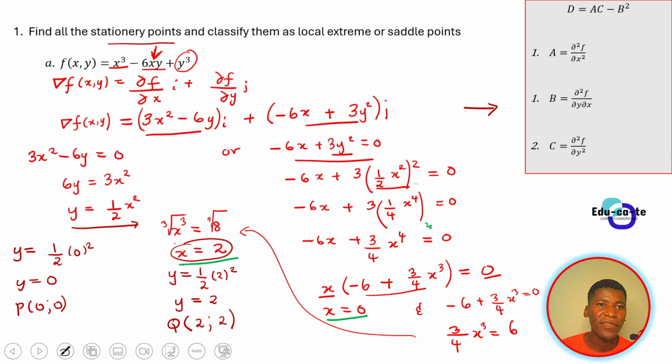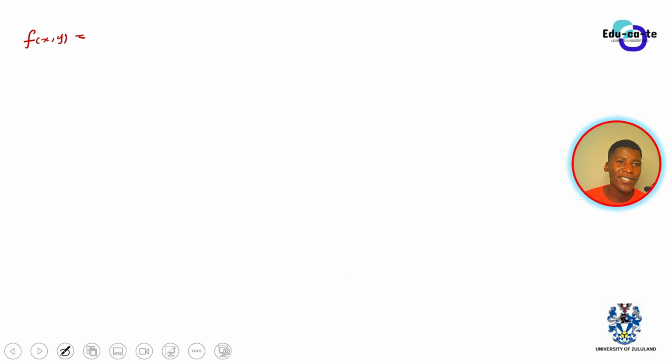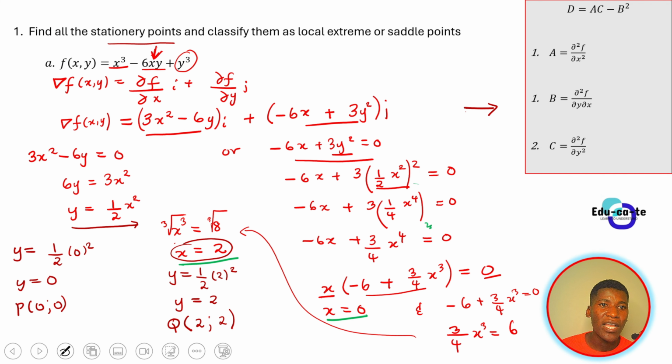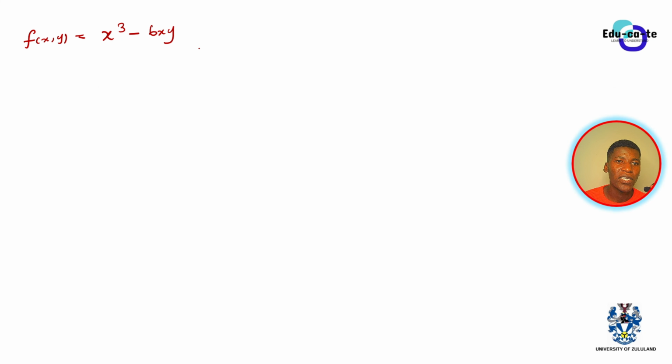So now basically our function was f of x y equals x cubed minus 6xy plus y cubed.